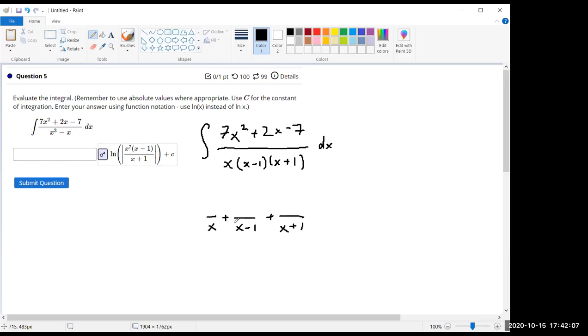Okay, and then were you able to get the numerators for these 3 fractions? Like solving for a, b, and c. Were you able to do that part? Okay.